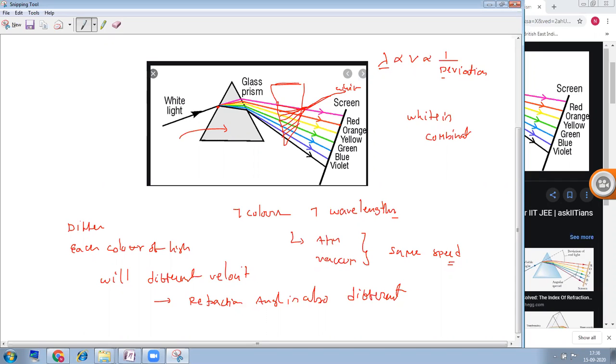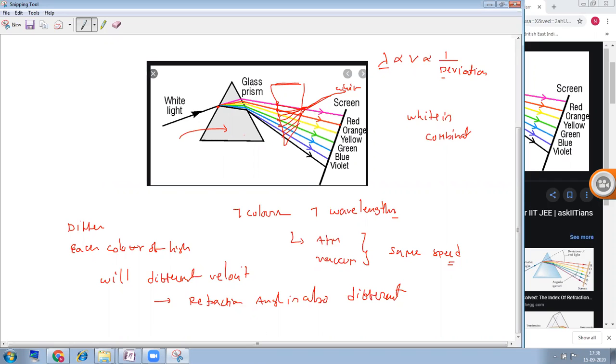Each and every color enters the second prism separately, because the first prism is dispersing and the second prism is combining. We get recombination of white light only by keeping two prisms, one at the initial position and the other inverted relative to the first.